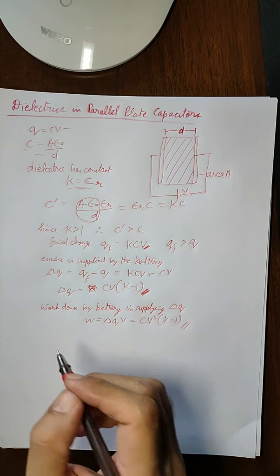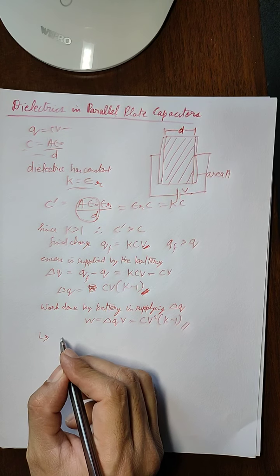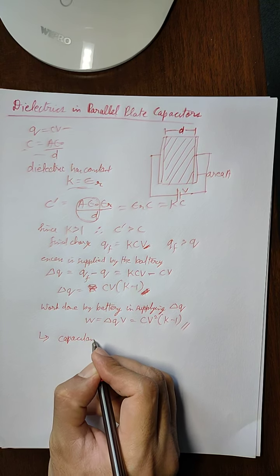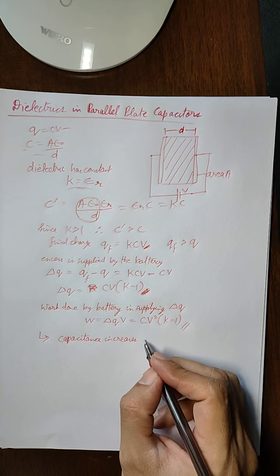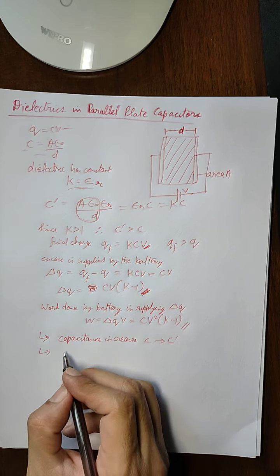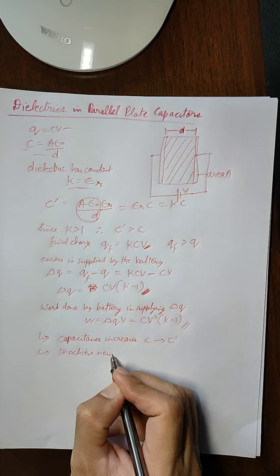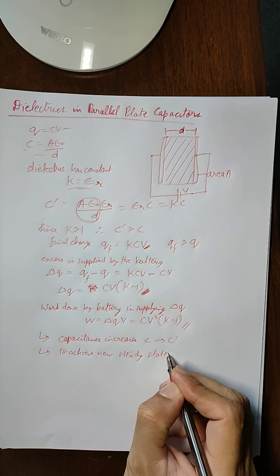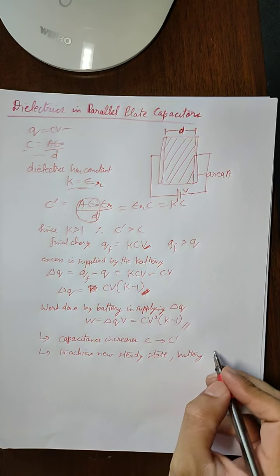So here we learned two important things, which you should always keep in mind. First, whenever the dielectric is inserted, the capacitance increases from C to C dash. And the second point: to achieve this new steady state after the insertion of the dielectric, the battery has to do some work in supplying excess charge.